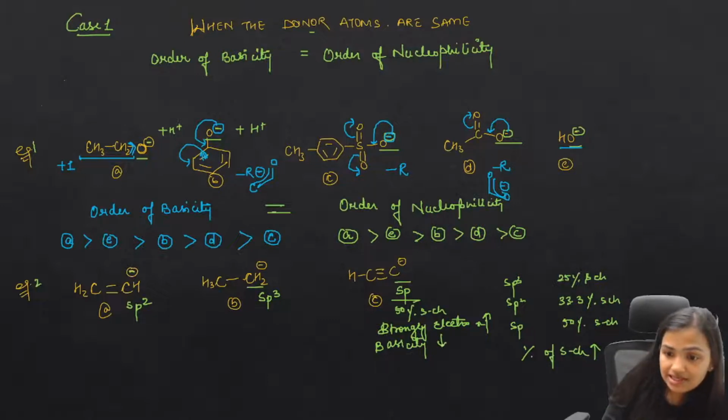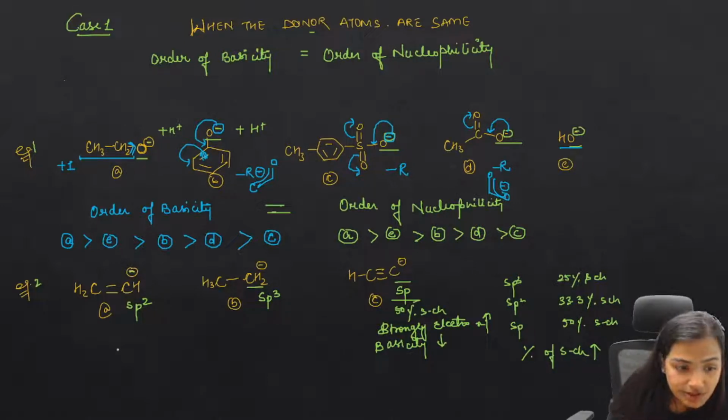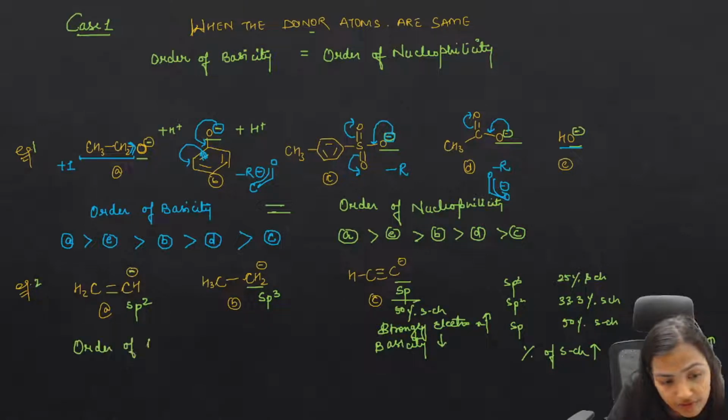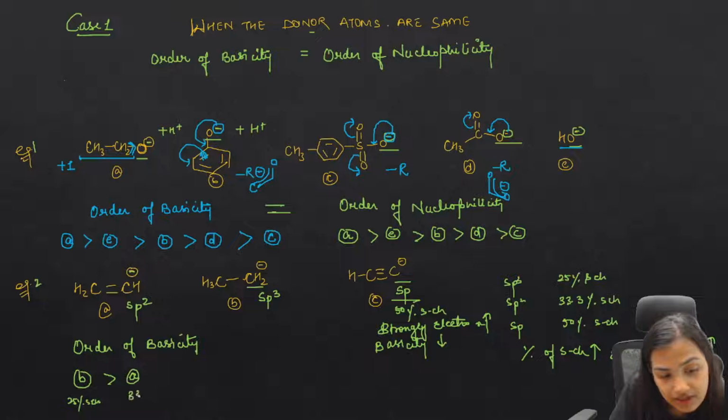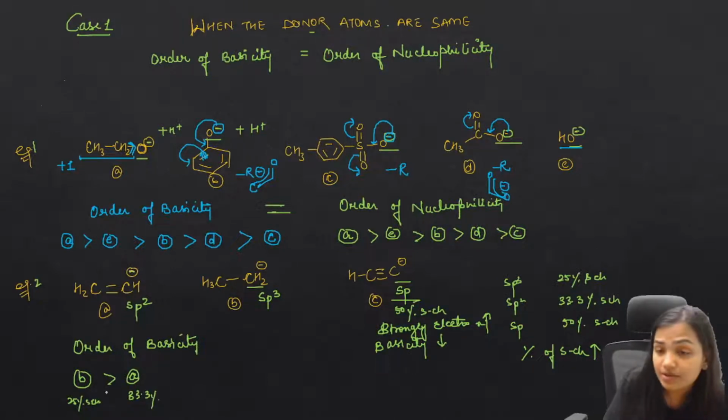The smallest S character I can see in the case of sp3. So I would say the order of basicity is going to be: B is going to be a stronger base because it has only 25% S character. Then after B, it is going to be A. It has 33.33% S character. Less S character means more basic.